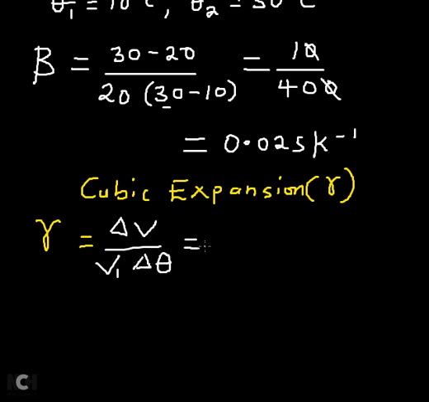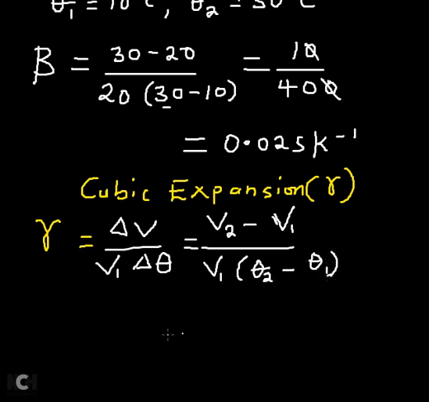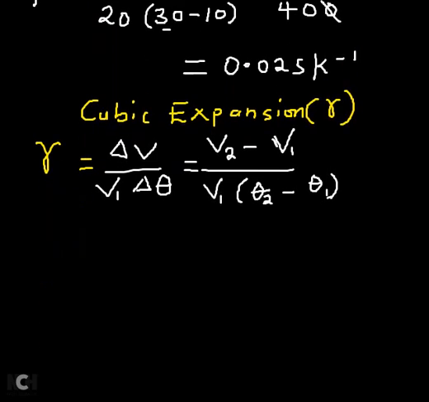The change in volume is V2 minus V1, divided by the original volume V1. Then the temperature rise is theta 2 minus theta 1. Please take note of that.